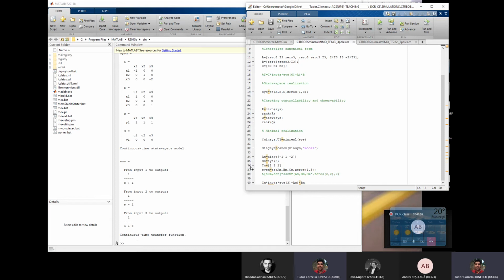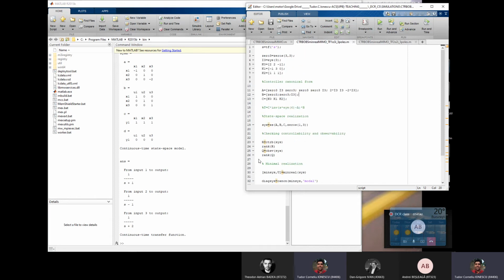The system, oh, it's not stable, I'm afraid. So we have to be careful about this.